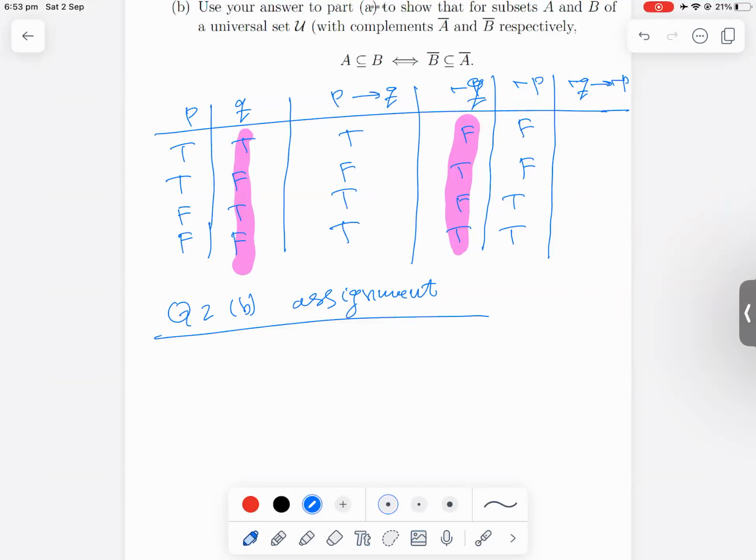The solution is the same as this one. So for this part, because you see that we got this one, we need to say this part.